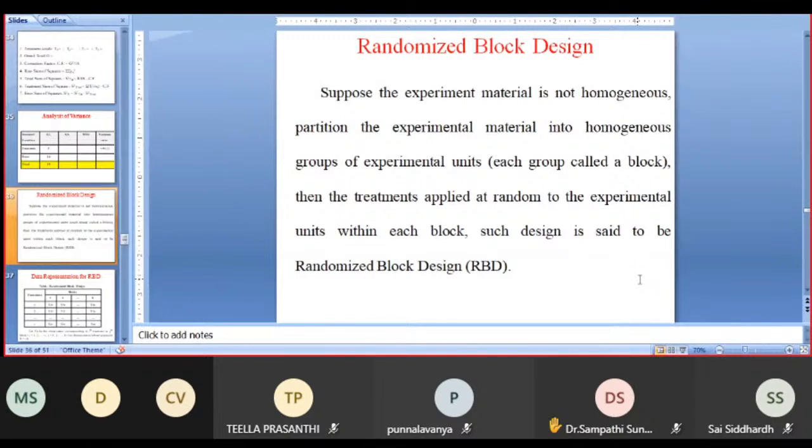So two types I had considered, or three types, or three different districts that I found. I'm studying the effect of the same because the environmental effects may differ, so may not be the same. Due to that, the experimental material is not homogeneous.